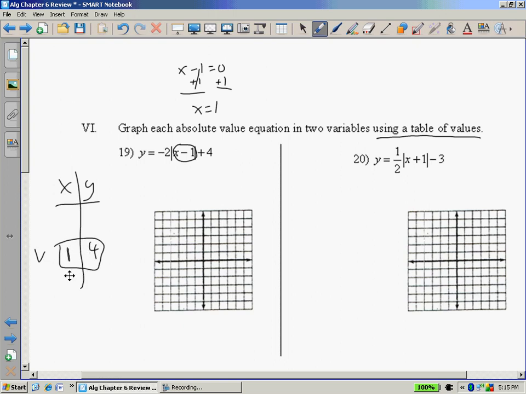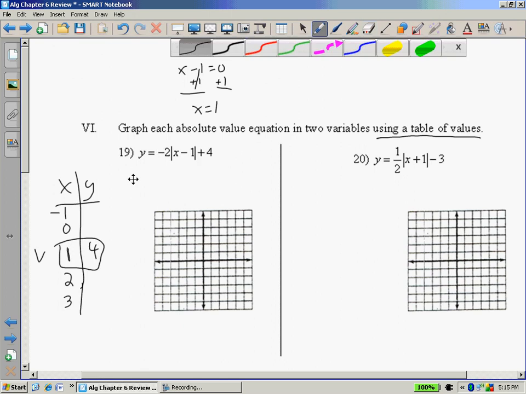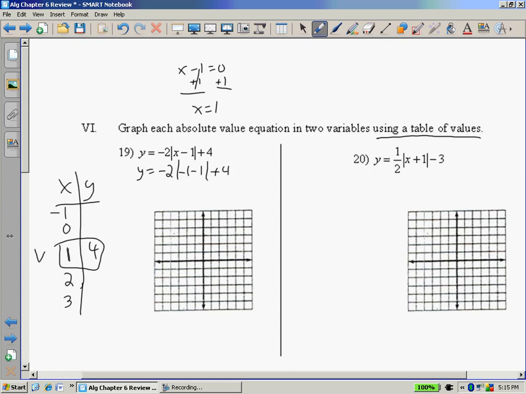So from here I'm going to go up 1, up 2, down 1, down 2. And I'm simply going to plug these in. Y equals -2 times the absolute value of -1 minus 1, plus 4. Well, that's -2. Absolute value of -2 is 2. Times -2 is -4.